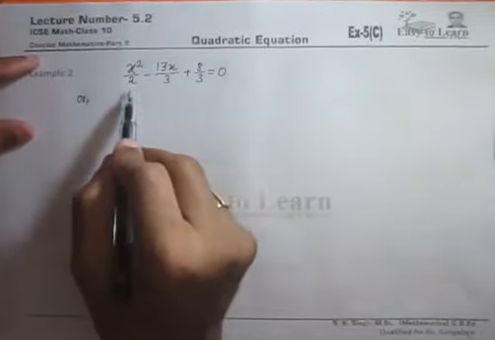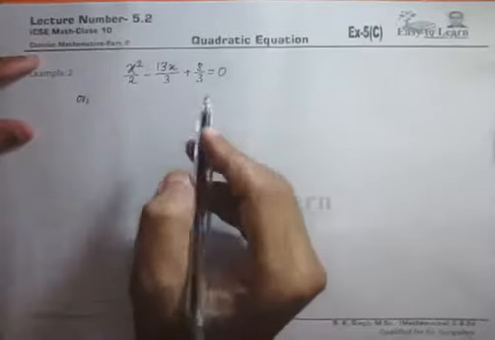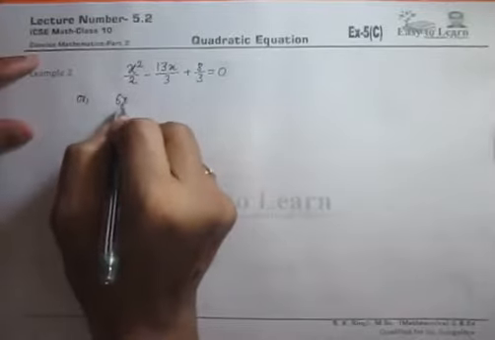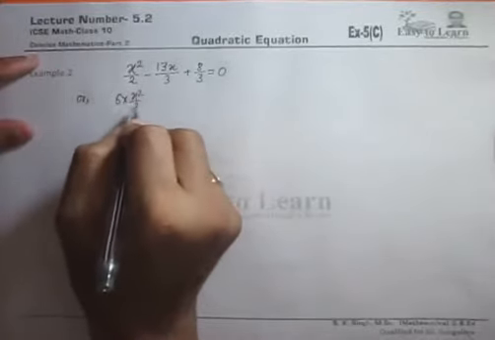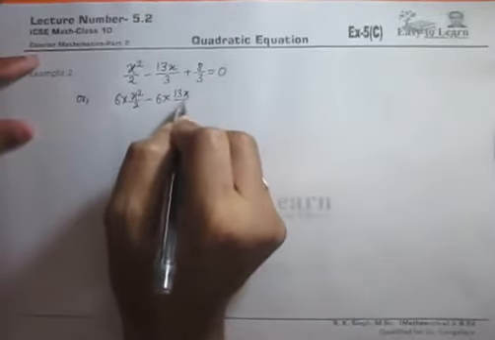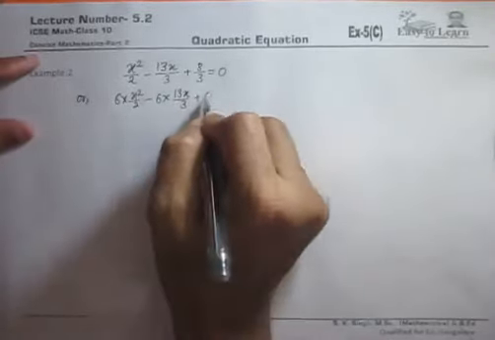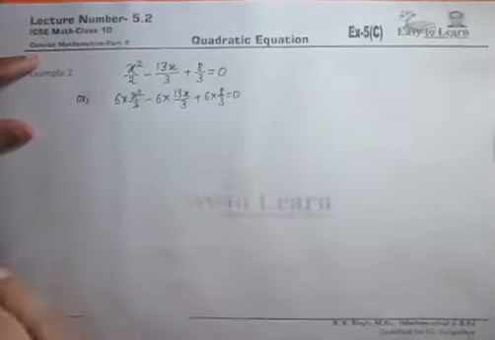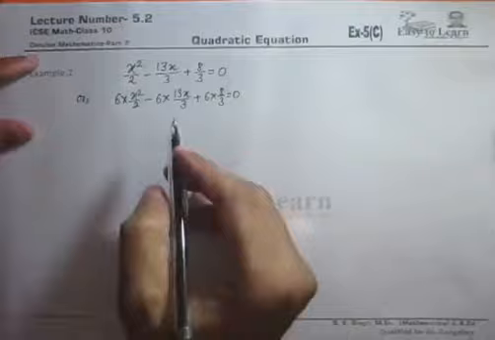So the LCM of 2, 3 and 3 is 6. So multiply each term by 6. 6 into x square by 2 minus 6 into 13x by 3 plus 6 into 8 by 3, to make the coefficients free from fractions.